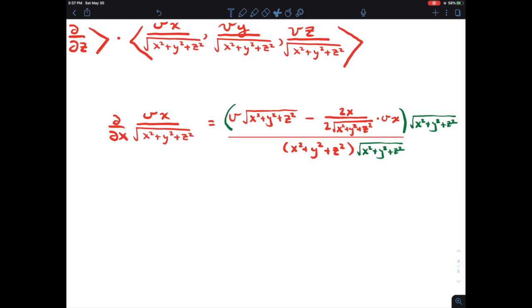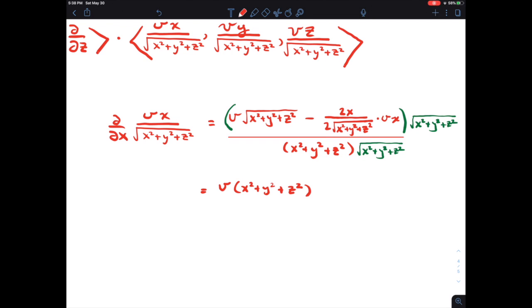Okay, so in the end, it looks like you end up with that v there. Let me go back to red. So you'll have that v, and you have the square root of x squared plus y squared plus z squared times another one, so you end up with just an x squared plus y squared plus z squared here.